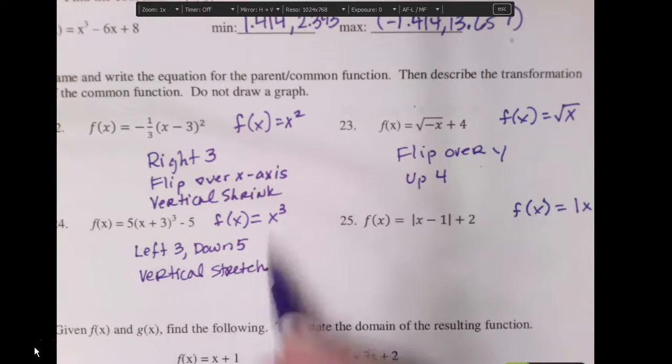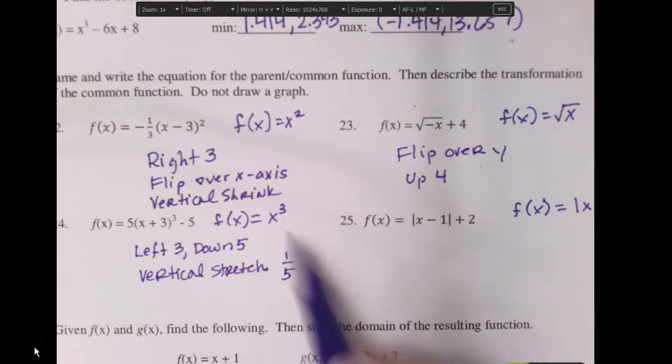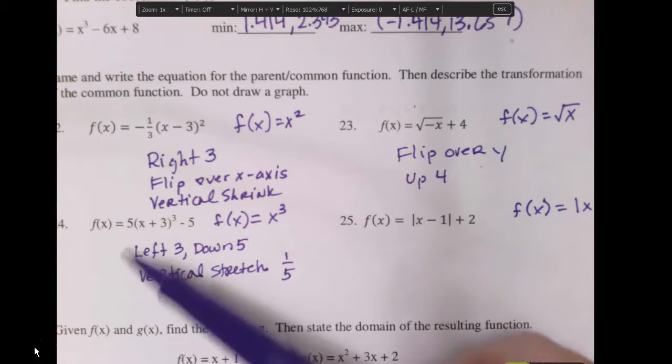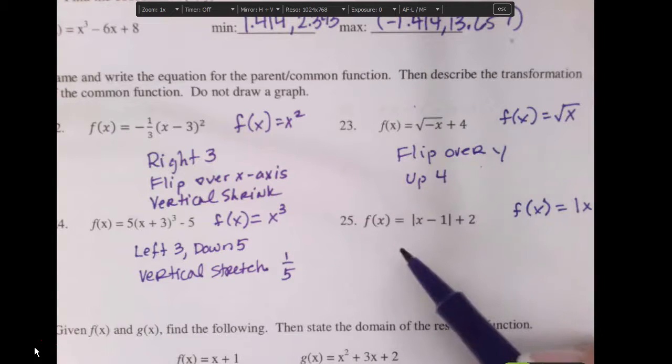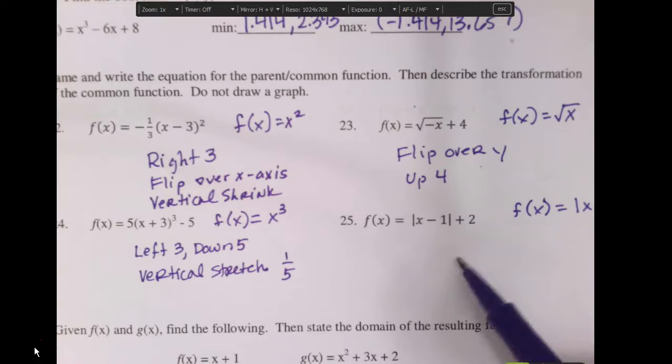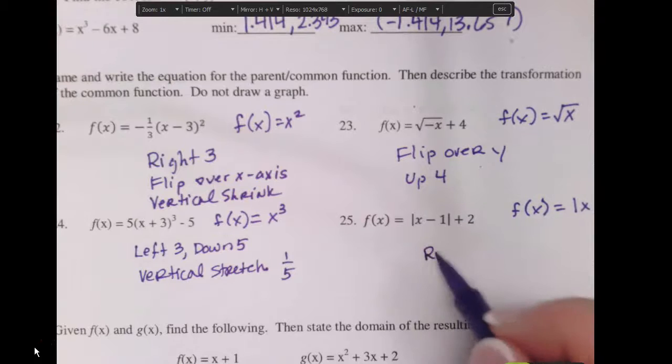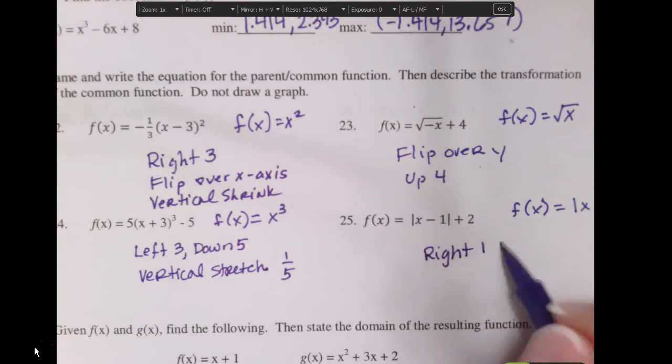And we would probably say our slope would be that, so we'd go over 1 and up 5. But wait, slope is rise over run. It's still a reciprocal, so I'll have to think about that. In this last one, number 25, we're going to go right 1, up 2.